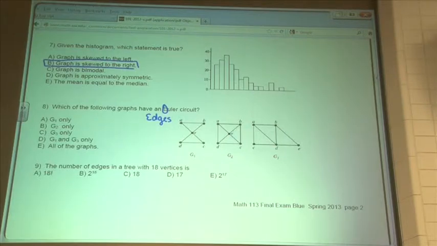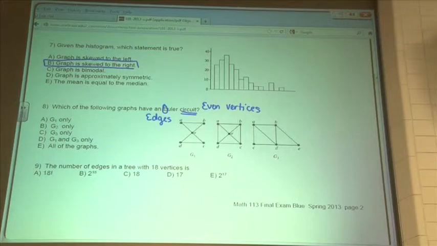Euler circuit, even vertices. Put the E's together. If you're doing an Euler path, that's the one where you have to have only two odd vertices. Euler paths are the weird ones with the odd vertices.